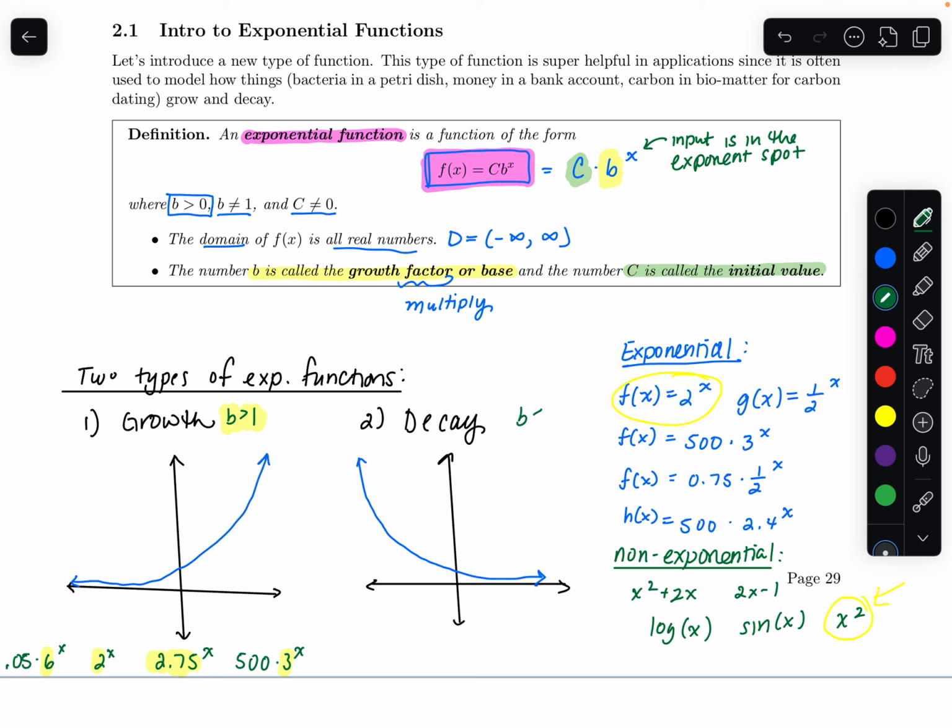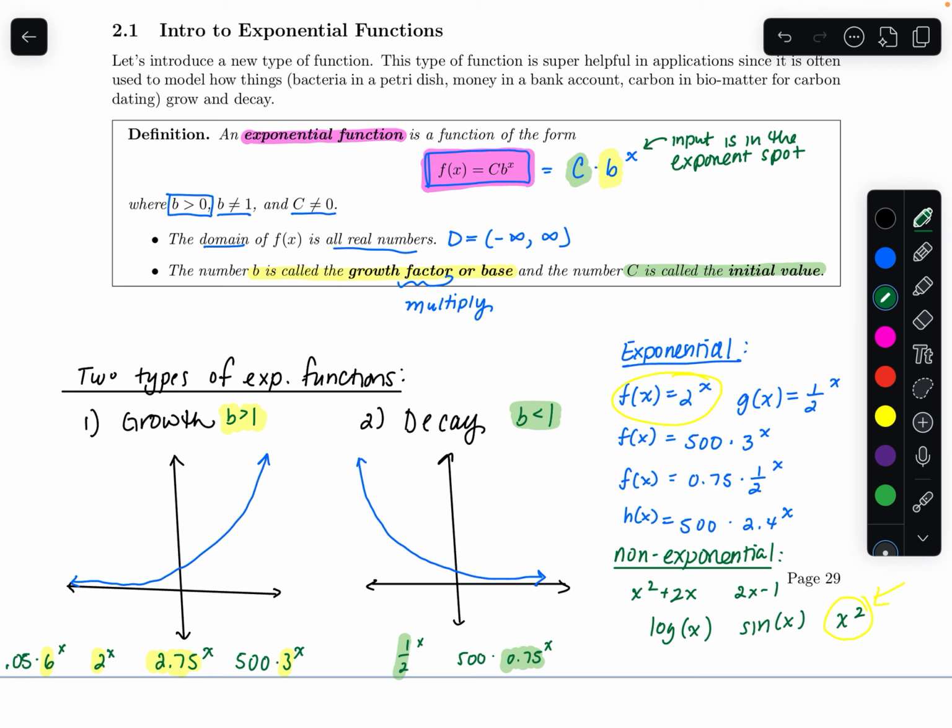For decay, we're going to look at bases that are less than 1. So like our 1/2 to the x, our 500 times 0.75 to the x, right? Doesn't matter how big or small this value is. What we are looking at is when this base is less than 1.